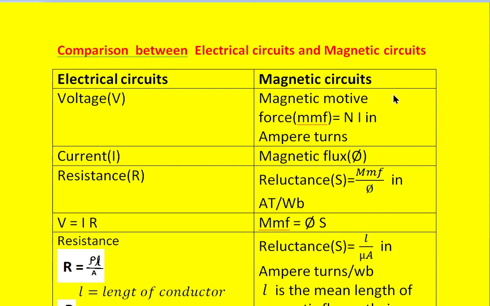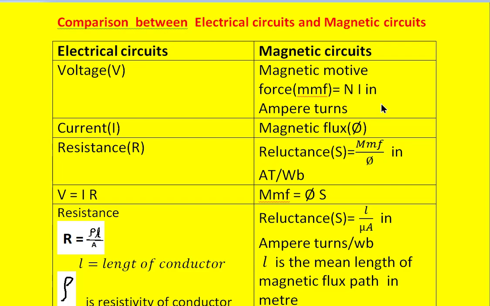Whereas in magnetic circuits, magnetic motive force, that is MMF, is necessary to force the flux in the magnetic path, and it is represented by N into I, where N is the number of turns and I is the current carried by the turns, and the units are ampere turns.